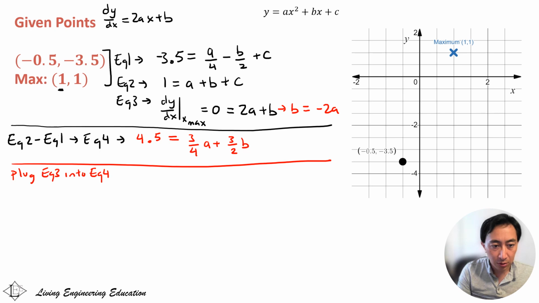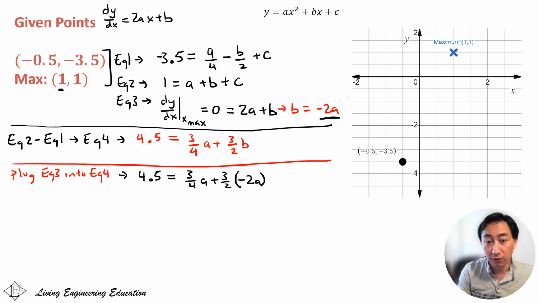Okay, so now I have 4/2 is equal to 3/4 a plus 3/2 times b, and b is negative 2a. Right? So now I can solve for a. So I expand this, what do I get?